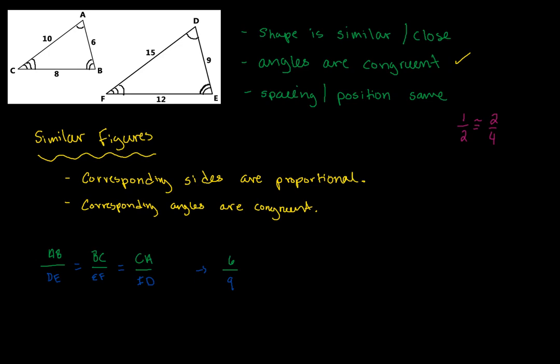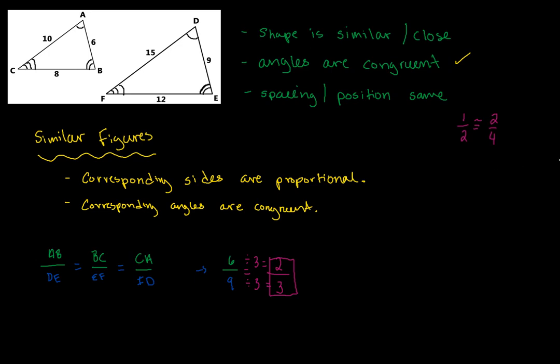And if we reduce that fraction down, if we take 6 and 9, they have a common factor of 3. We can divide both of those by 3. So 6 divided by 3 equals 2, and 9 divided by 3 equals 3. So we actually get 2/3 as our reduced fraction for 6/9.